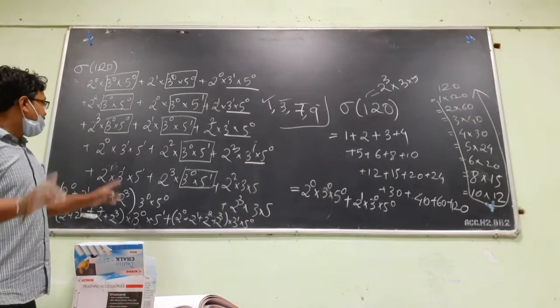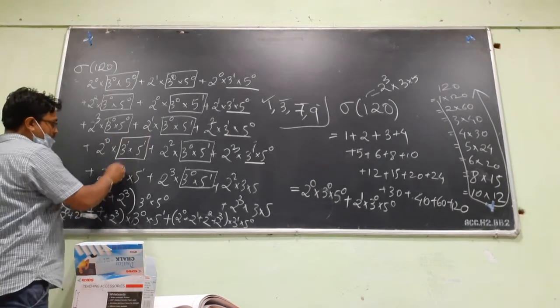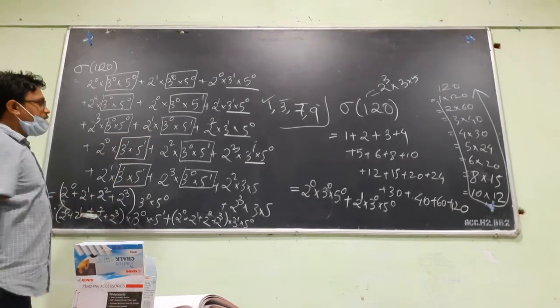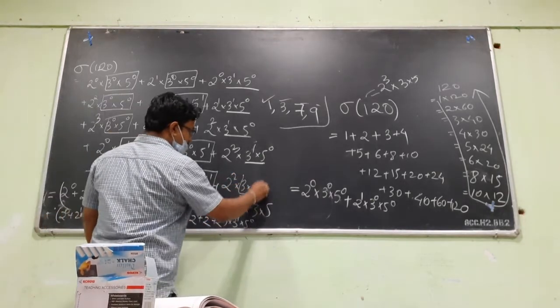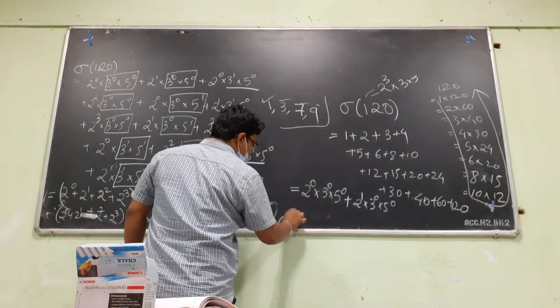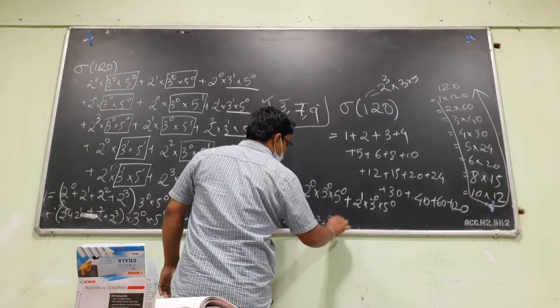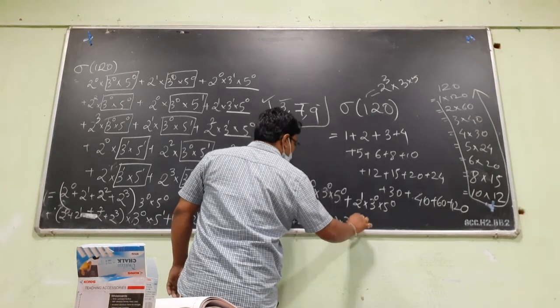Another thing is left: 3 to the power 1 into 5 to the power 1. So it is plus 2 to the power 0, 2 to the power 1, 2 square, 2 cube multiplied with 3 to the power 1 into 5 to the power 1.